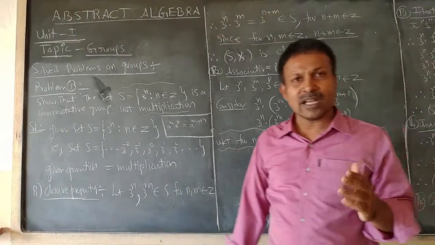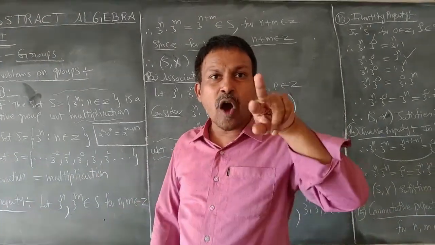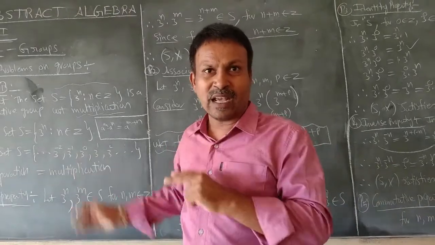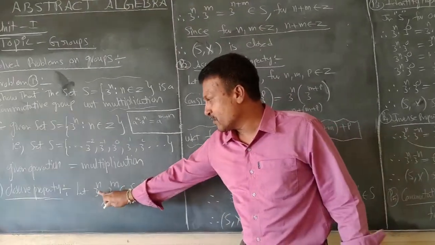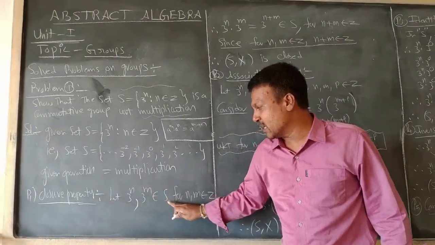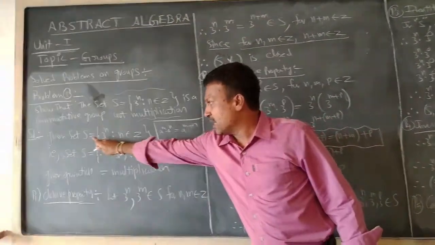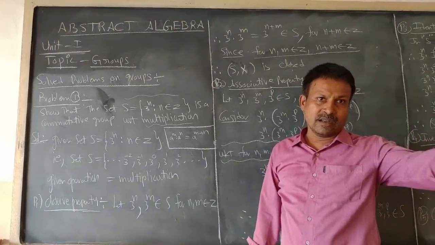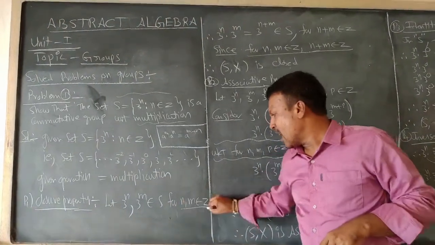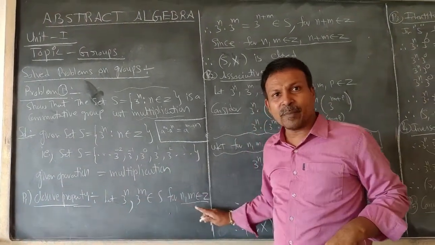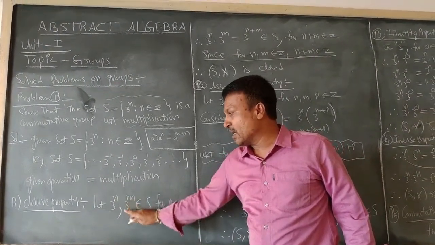Closure property states that if we take any two random elements from the given set, that is from set S, and if we operate with the given operation, that is multiplication, then the resultant value should be present in set S. So I have taken two elements, that is 3 power n, 3 power m belonging to set S for n, m belonging to Z. If we see the set S, the elements are in the form of 3 power n where n belongs to Z. That is why I have taken two elements n, m from Z, and taken two elements from set S depending upon the values n, m. That is, the two elements of set S are 3 power n and 3 power m.